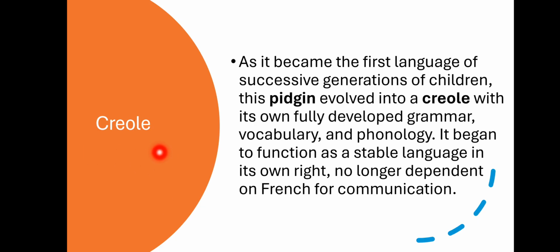And then it became a Creole as it became the first language of the successive generation of children. As I told, children have mixed linguistic items they use. So this Pidgin evolved into a Creole with its own fully developed grammar, vocabulary, and phonology. It began to function as a language in its own right, no longer dependent on French for communication.